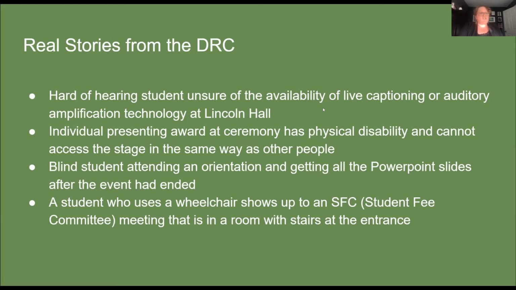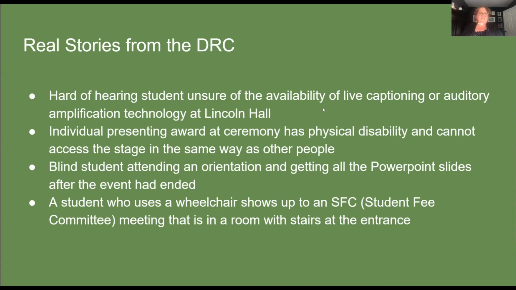The next thing, totally different, but this student, again, a while ago, pre-pandemic, was presenting an award at a ceremony, and they had a physical disability and could not access the stage in the same way as other people. So there, I think in this situation, was a ramp, but when everyone else entered the stage and then exited the stage, they went across the whole stage.